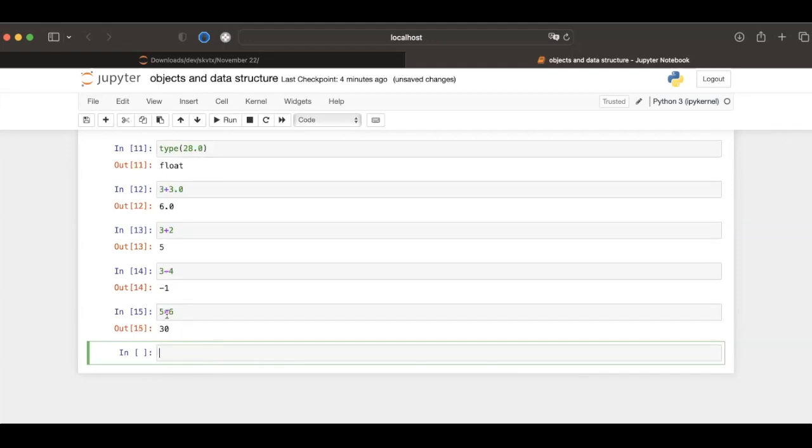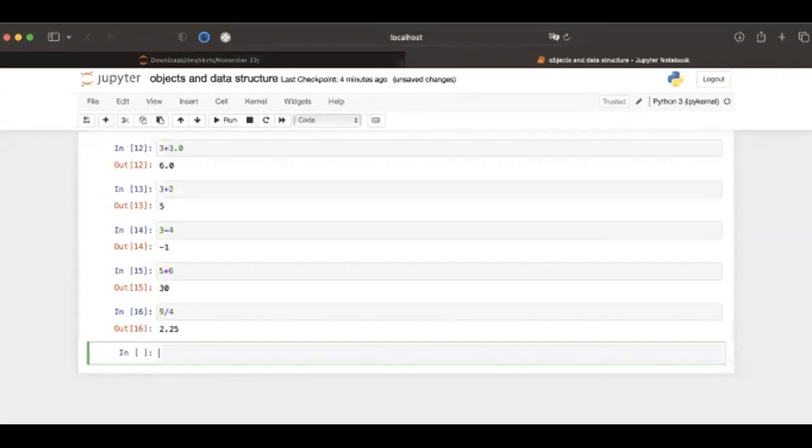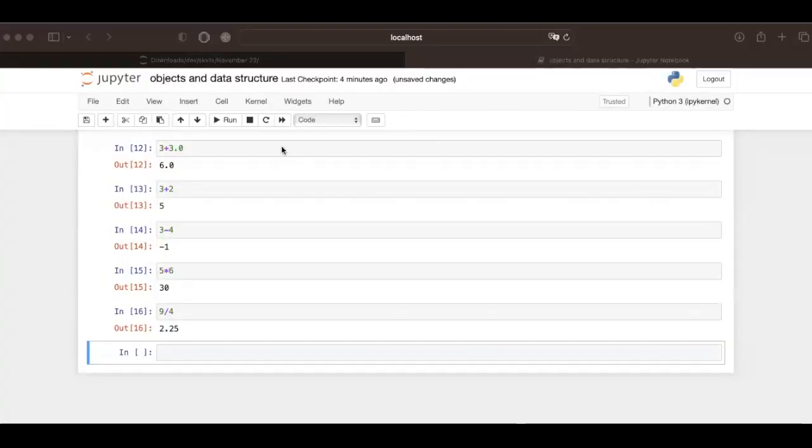The asterisk is the multiplication operator. And the forward slash is the division operator.